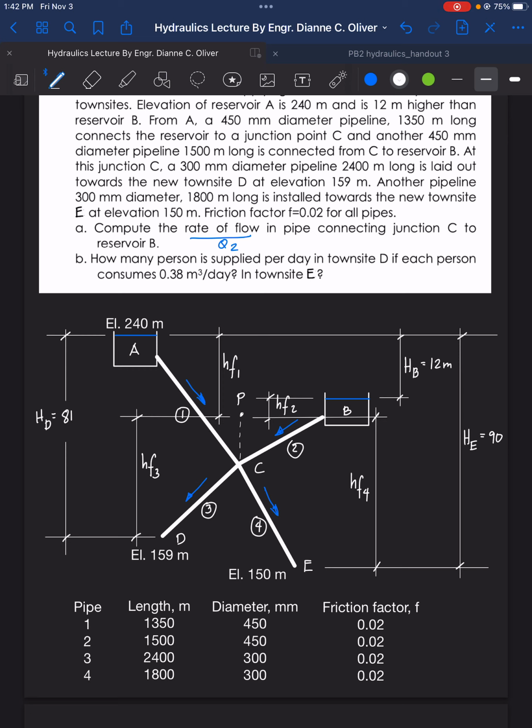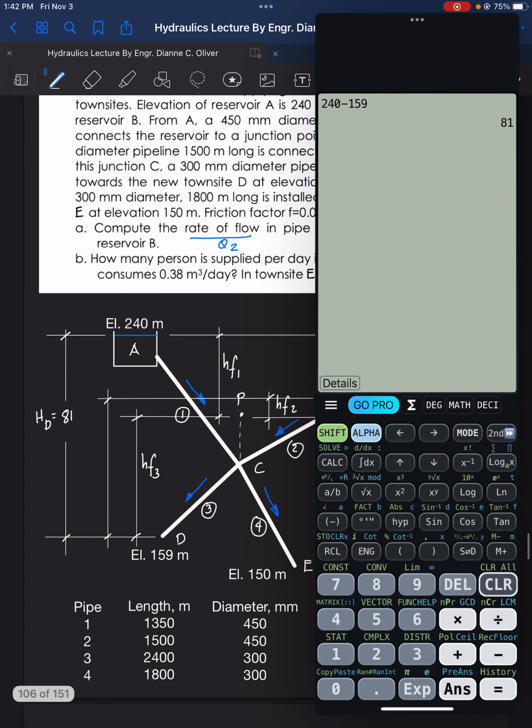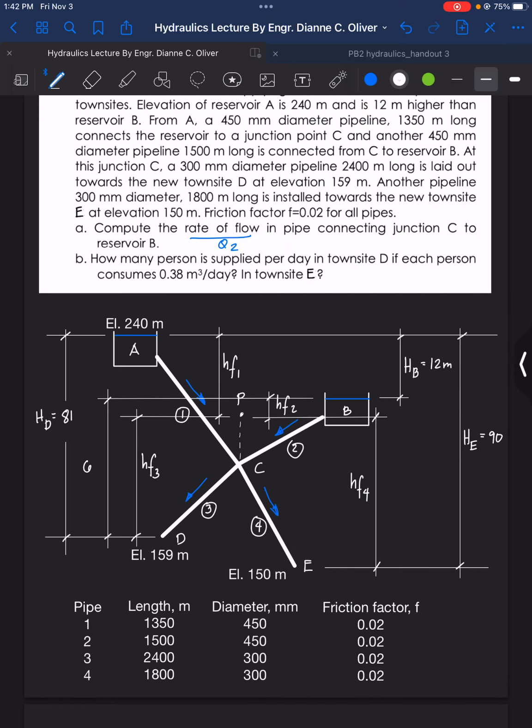So what other relationship can we see here? The relationship of elevation B to D. That is 240 minus 12 minus 159, so that is 69. This one here is 69 meters.